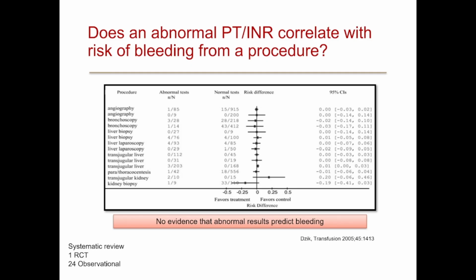The answer, already known in 2005, is that there's no evidence that abnormal results predict bleeding. These are complex patients, like transjugular liver biopsy, laparoscopic liver biopsy, and kidney biopsies, in a large systematic review including 1 randomized controlled trial and 26 observational trials.